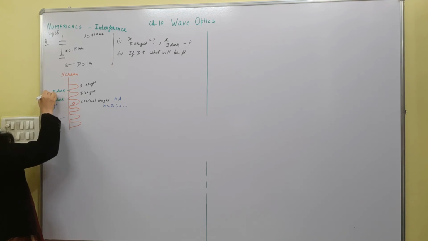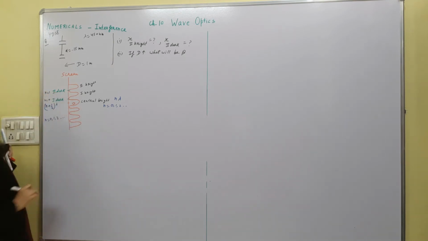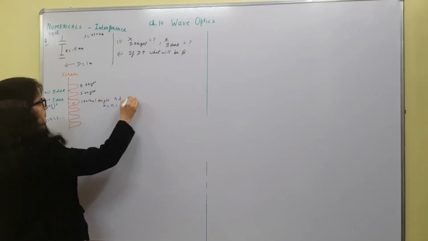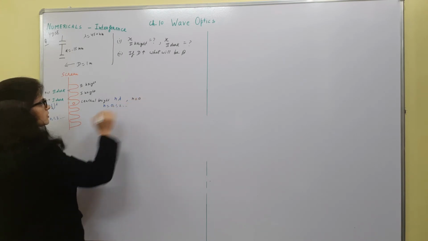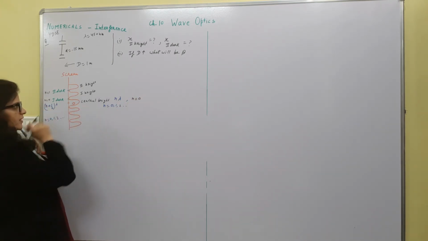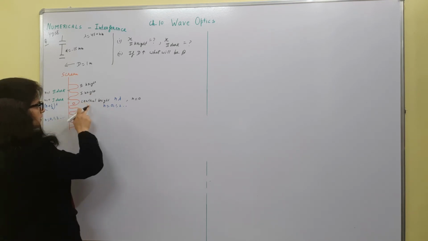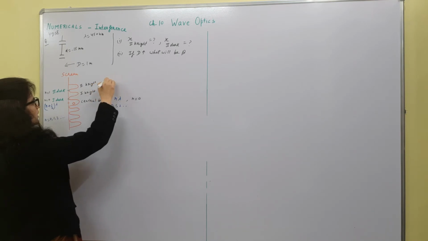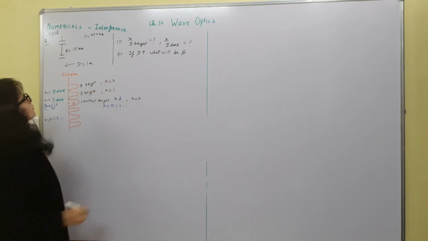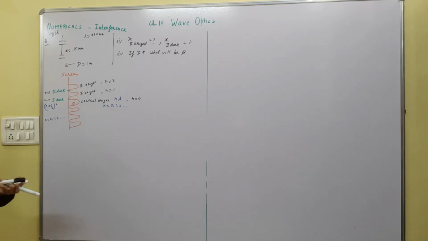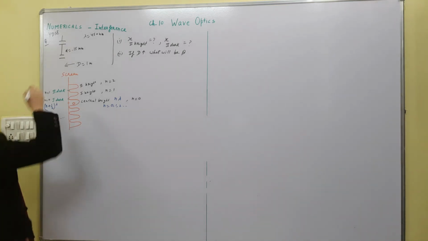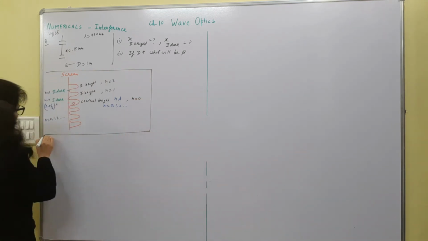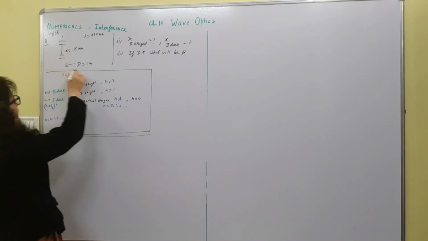Second dark means n is equal to 1. And if we are talking about first bright, that is the central bright, so for central bright n is equal to 0. We know that the path difference is 0 at central bright. For first bright n is equal to 1, and for second bright n is equal to 2. This is a very important concept for numericals, because when you do the numericals, these are the things where children get confused. So very, very important point for numericals.